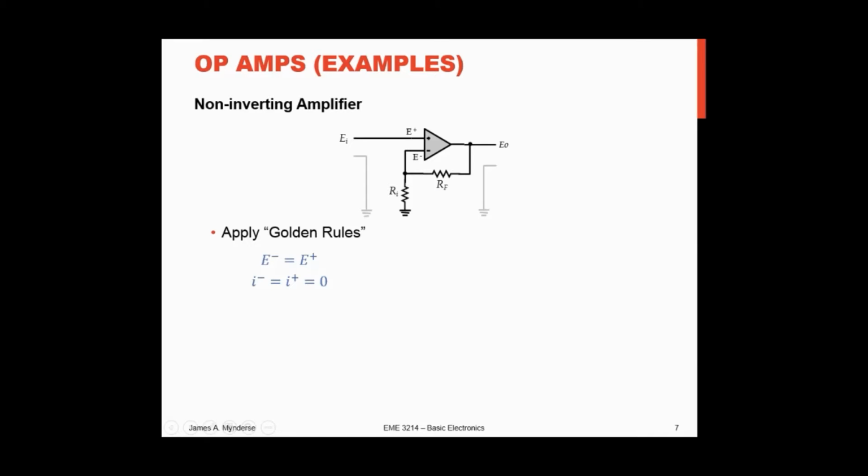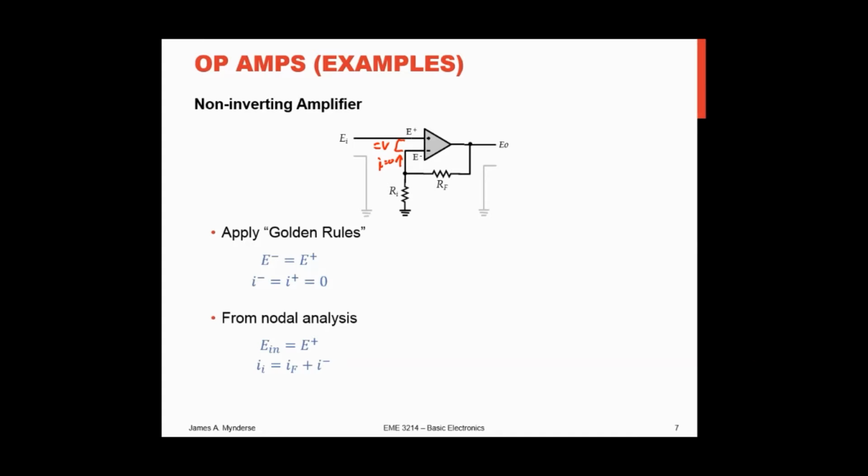So we can again apply our golden rules where these two voltages are the same. And the current here equals 0, okay?